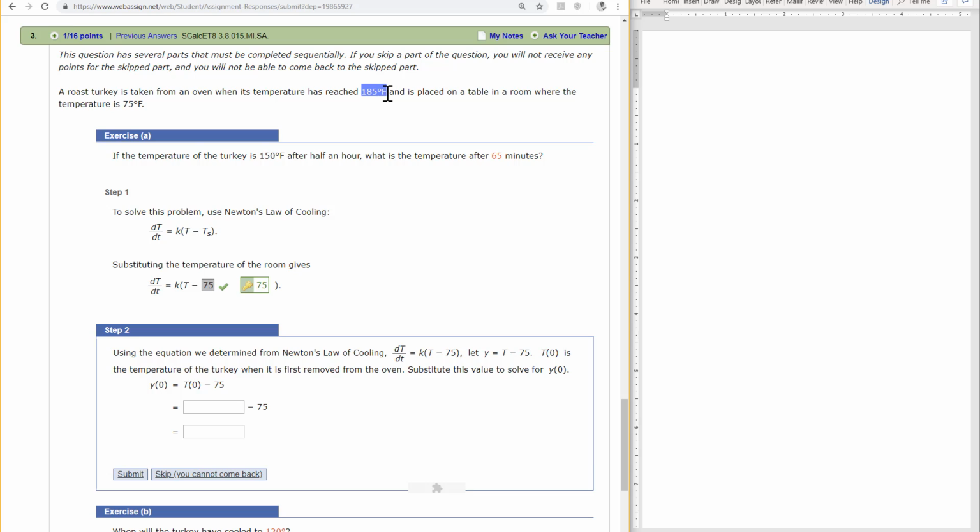The temperature of the turkey has reached 185 degrees, so that's what we want to put here. And so 185 minus 75 is going to be 110.